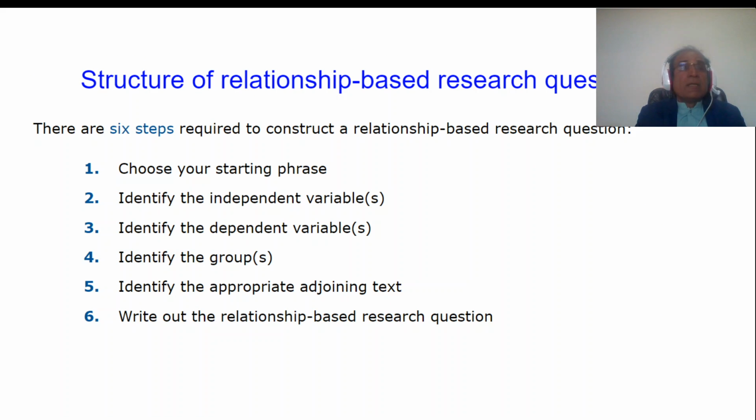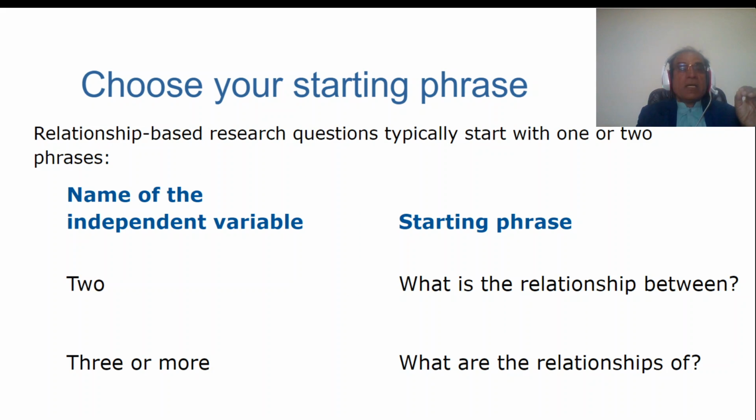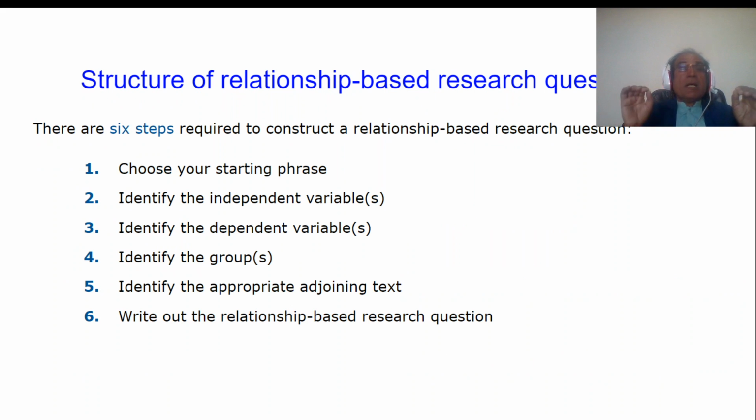Next, the next type of research question is the relationship-based research question. In a relationship research question, there are 6 steps required to construct a relationship-based research question.